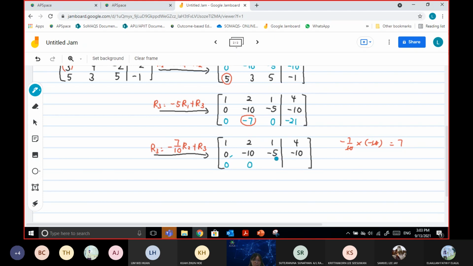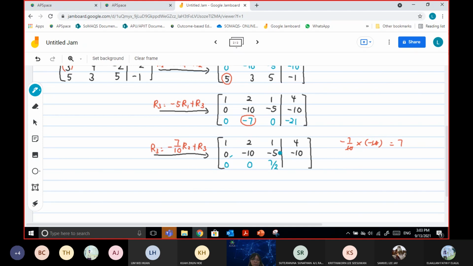Then come to the next one: negative 7 over 10 times negative 5. So you get 7 over 2.